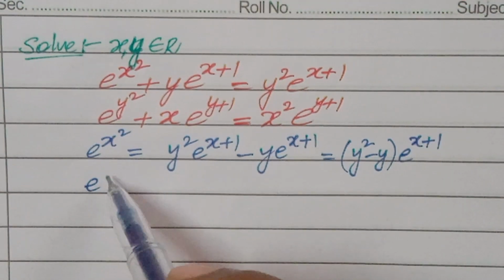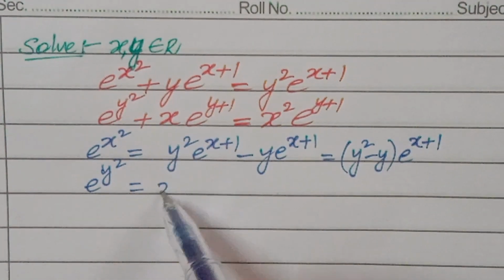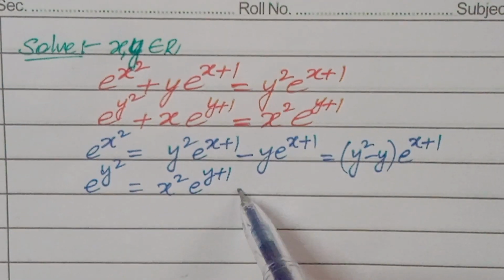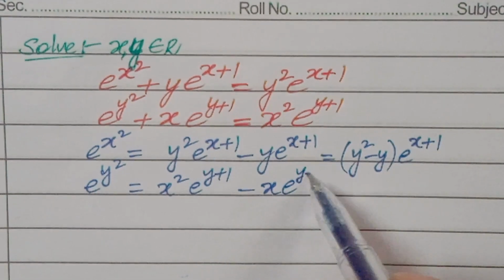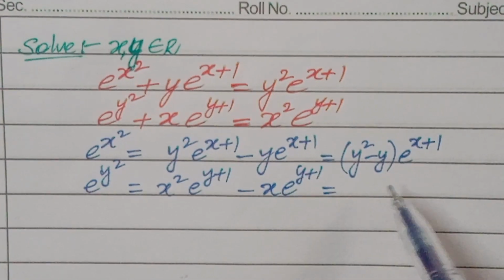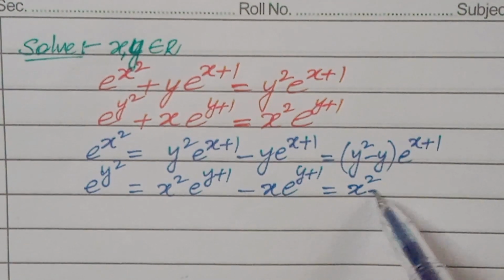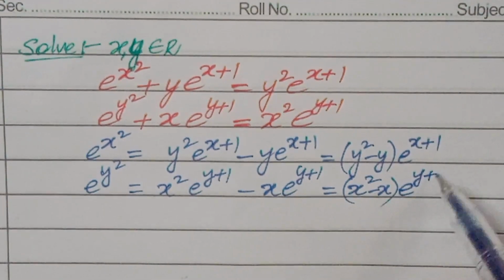Similarly, in the second equation, e power y square is equal to x square into e power y plus 1 minus x into e to the power of y plus 1. Here you can take e power y plus 1 common. You will get x square minus x into e to the power of y plus 1.